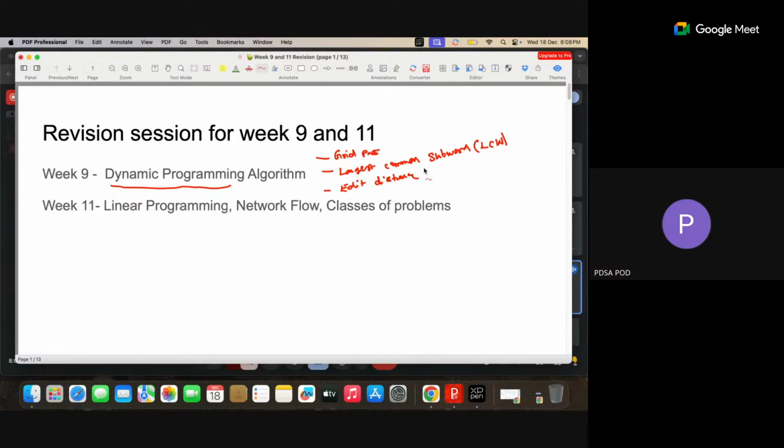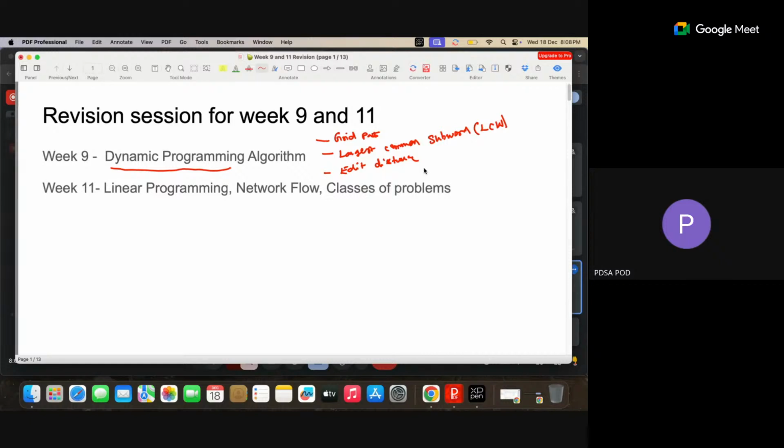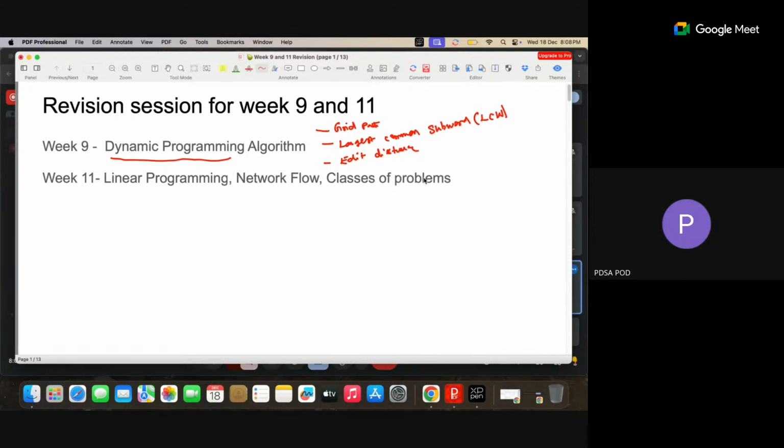These are some standard algorithms in dynamic programming. Generally we ask questions only on the basis of these standard algorithms. If you look at the summary of the ninth week, you will understand. Anyway, while solving the problems we'll understand. So let me jump to some standard questions from week 9.